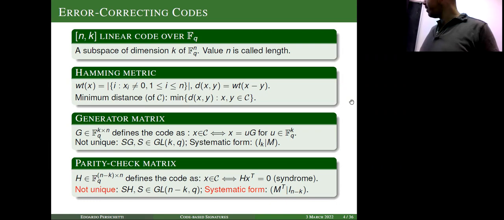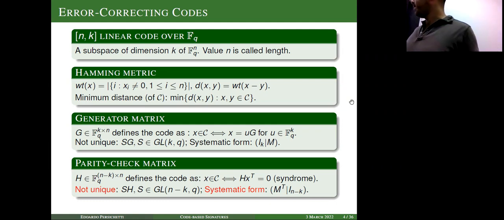And they define the same code, but at the same time, you see that the parity check matrix has the words such that the syndrome is 0, in a sense, all these words have product 0 with the words of the code. So it is a generator for the dual code. Okay, so we can obtain the dual code by swapping the role of parity check and generator.